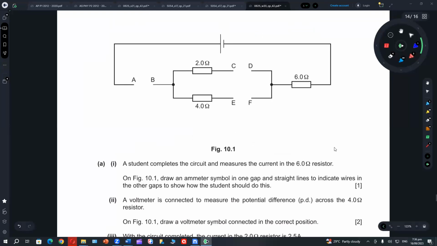A student completes the circuit and measures the current in the 6 ohm resistor. Draw an ammeter symbol in one gap and straight lines to indicate wires in the other gap to show how the student should do this.